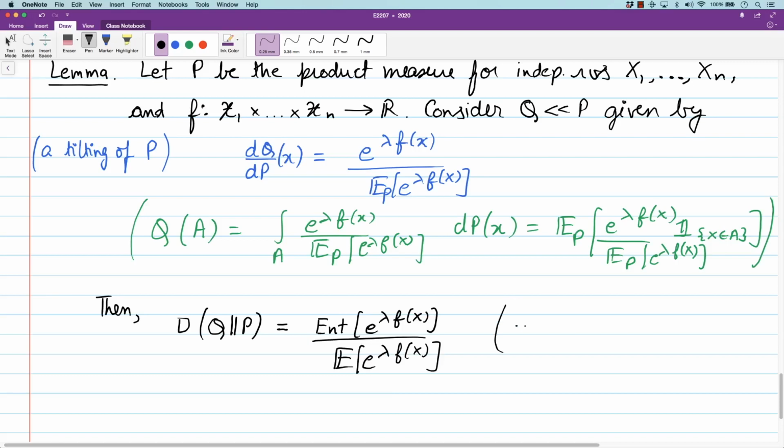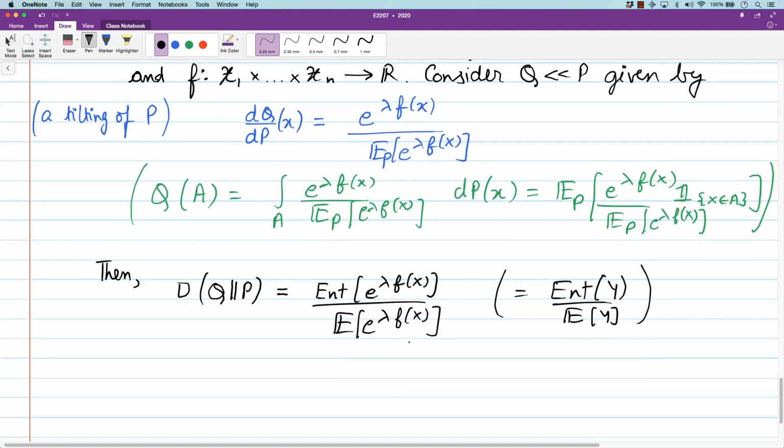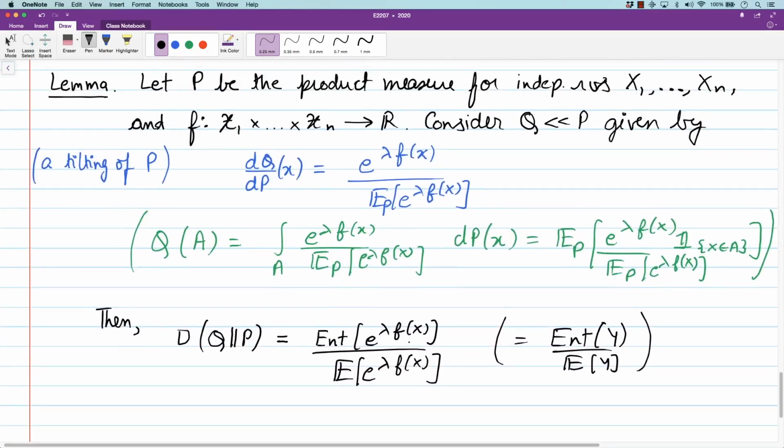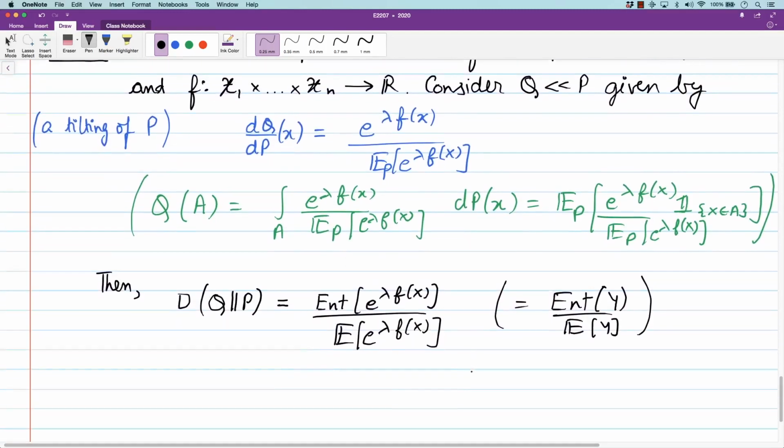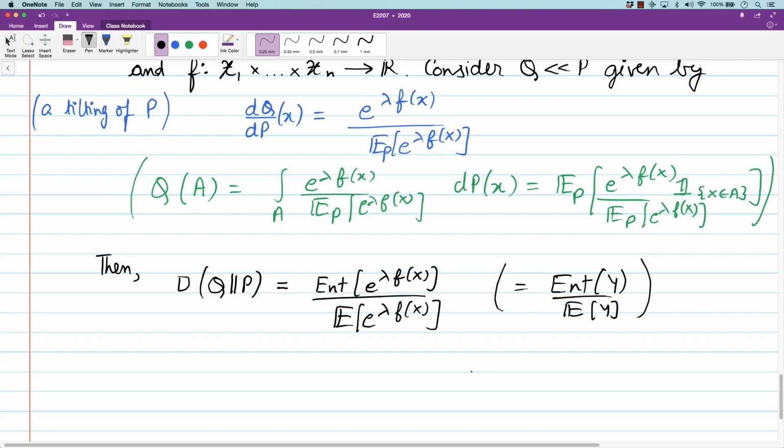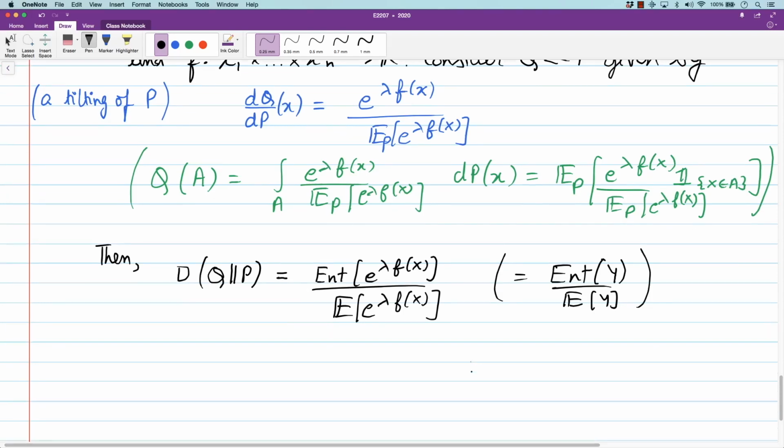So namely what we had earlier, entropy of y by expected value of y. Okay, so this was the quantity that we were bounding in the Herbst argument, this guy here. We were saying that this guy is less than or equal to lambda square times some constant by 2, and that constant turns out to be the subcausality parameter.